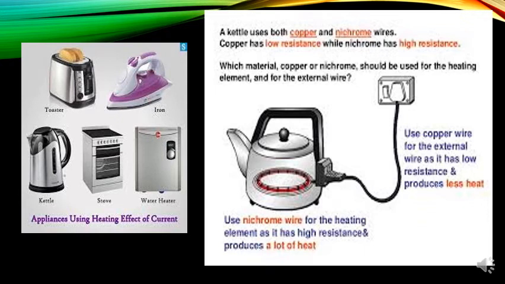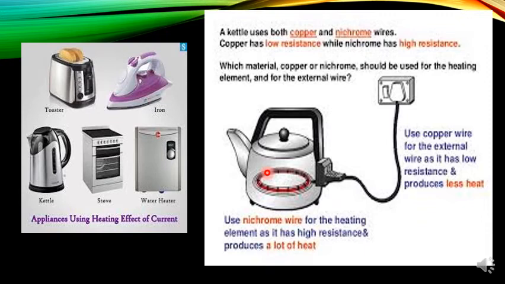You can see that here in the electric kettle, which is given here. You can see the nichrome wire, which is used as a heating coil inside the kettle. When these types of appliances are connected to power supply by insulated copper wires, then a large amount of heat is produced in the heating coils.